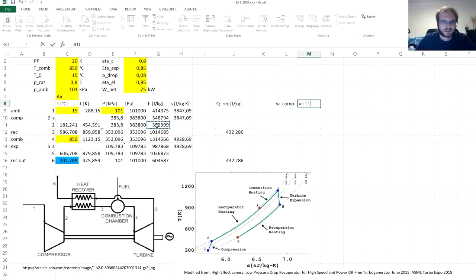So it will be enthalpy 2 minus enthalpy 1, and units joules per kilogram. Work of the expander is again difference in enthalpies: enthalpy at the expander inlet H4 minus enthalpy at the expander outlet H5.